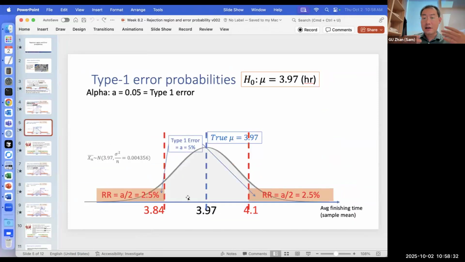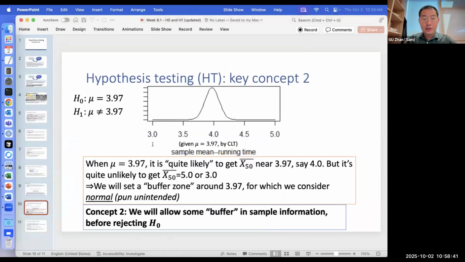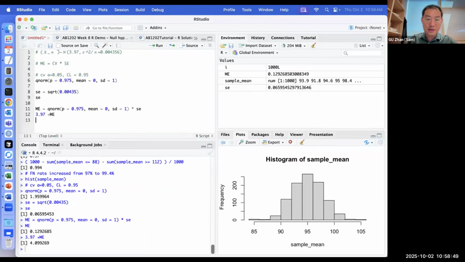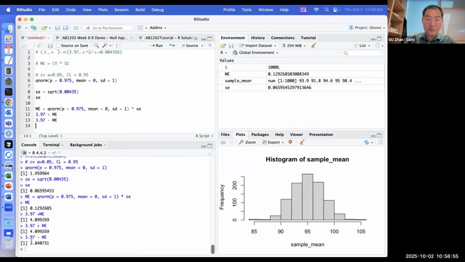So basically, I'm recalculating this confidence interval first. Now you use X bar, 3.97, plus your ME as the upper bound and minus ME as the lower bound. So you have 3.84 to 4.1.